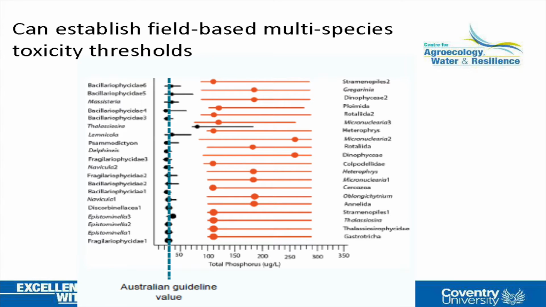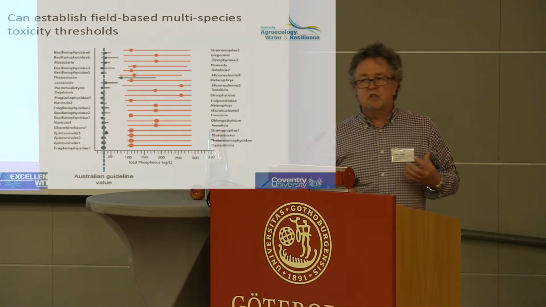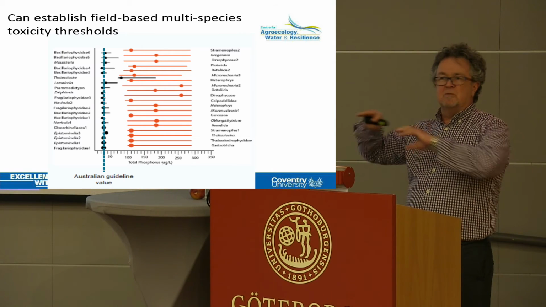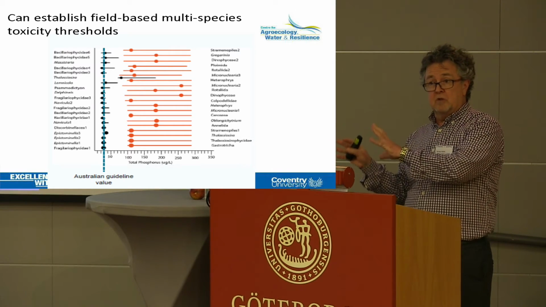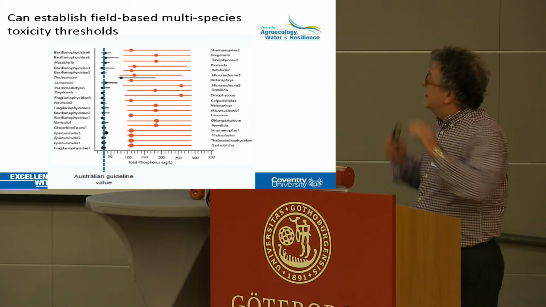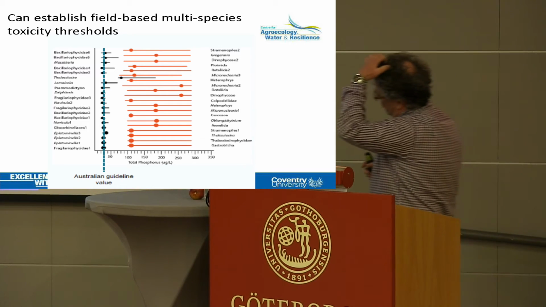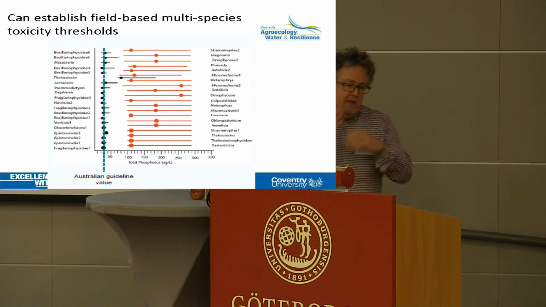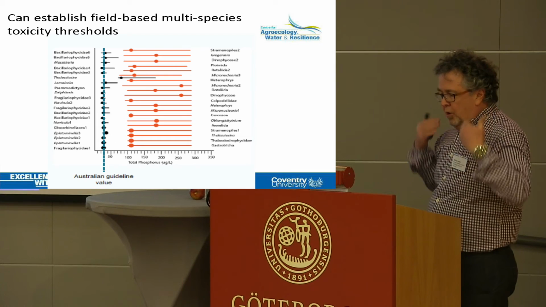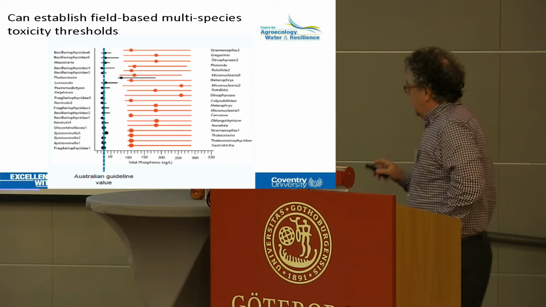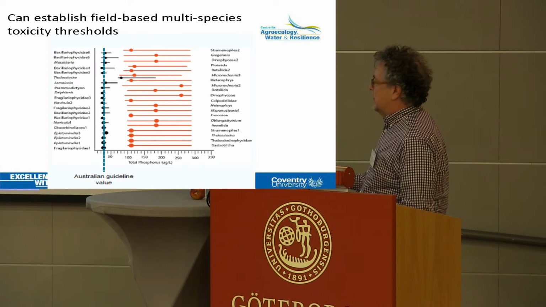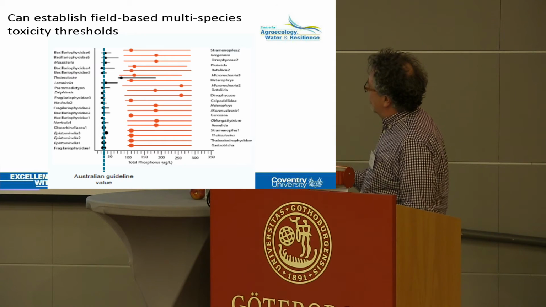Now, the other thing that we're starting to do is we're using metagenomics. And this is still in this transition from an experimental research type approach to getting it to the point where it can be put into a regulatory framework. So with some of the metagenomics work, if you've got a whole lot of different sites with various stressors, you can use multivariate statistics to try and work out which are the most important stressors, but you can also work out what are the sensitive species in terms of a particular stressor and what are the tolerant species.